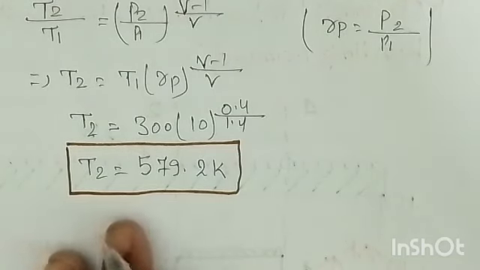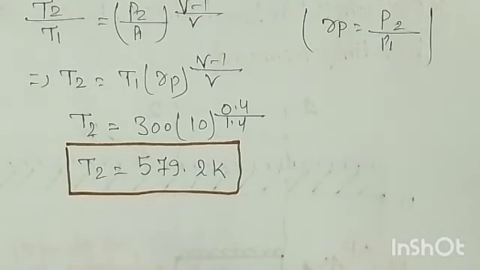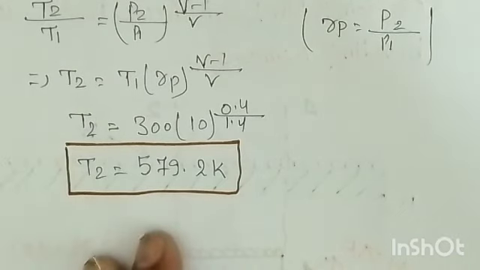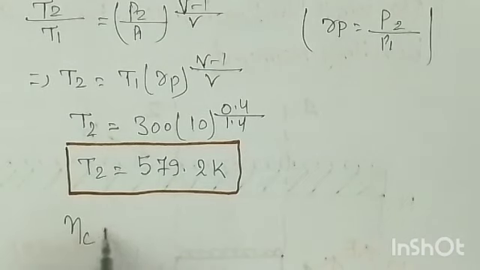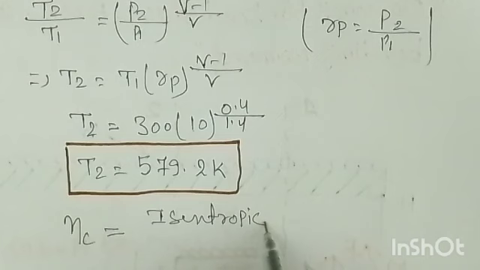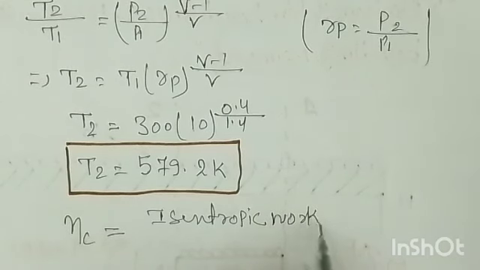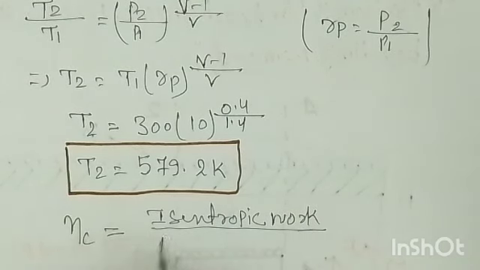Now we'll get the actual temperature, meaning when the compression takes place reversible adiabatic, that is 1 to 2 dash. So for 1 to 2 dash we need to use the compressor efficiency. So you know the compressor efficiency is what? That eta C is equal to isentropic work by actual work.